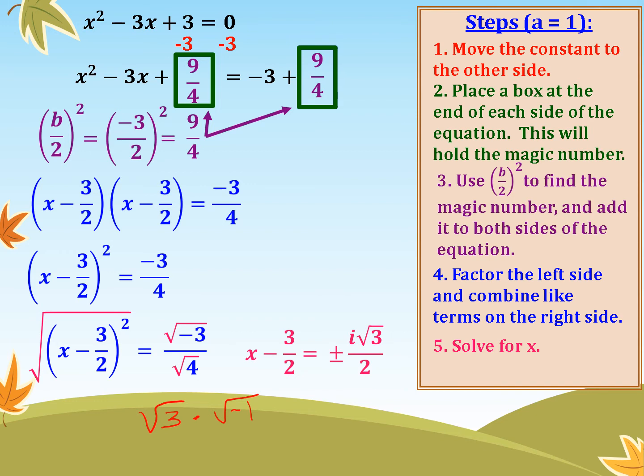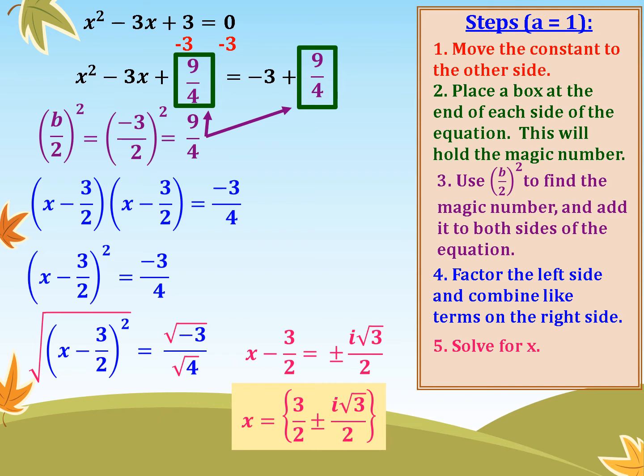So that gives me x minus 3 halves equals plus or minus i square root of 3 over 2. Now I just continue on solving for x. So I add 3 halves to both sides. And that gets me x equals 3 over 2 plus or minus i square root of 3 over 2.